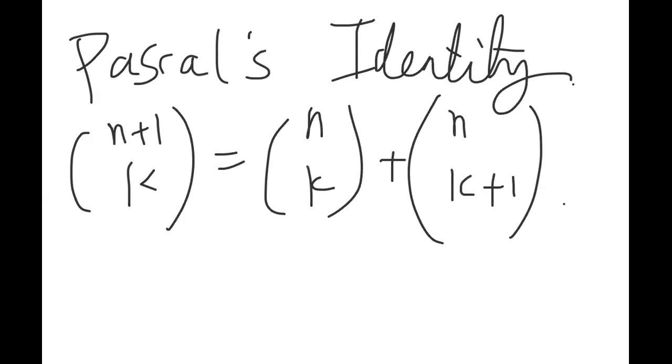There are two ways of proving this. One way is using factorials and then simplifying. Another way of proving this is to view it combinatorially.